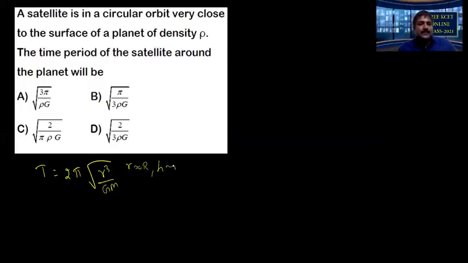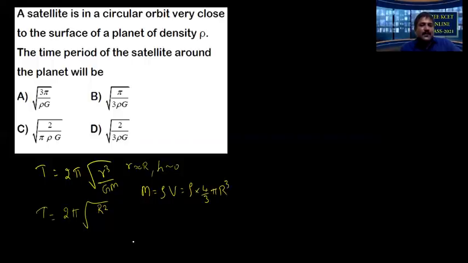H can be taken as 0. Then time period T equals 2π into the square root of R cube by... Now one more substitution, because see the options. We need the answer in terms of density. G value required, density required in the final expression. That means you have to convert this mass term. Mass equals density into volume, and volume is 4 by 3 πR cube for a sphere, the planet.